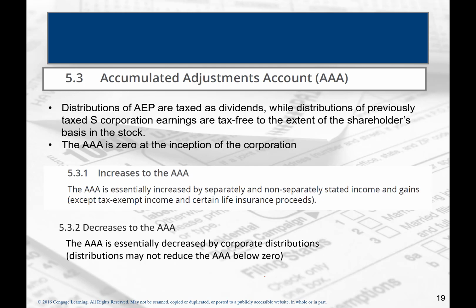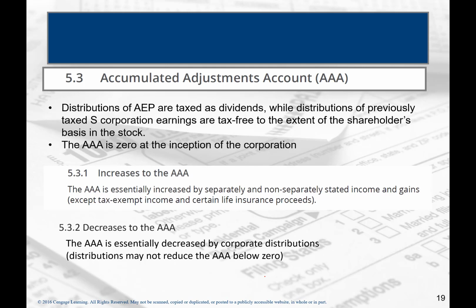Increases to the AAA are essentially increased by separately and non-separately stated income items and gains that have been allocated, using that formula that we talked about earlier, to that particular shareholder. Decreases to the AAA are essentially any distributions, however, we're capped at 0.